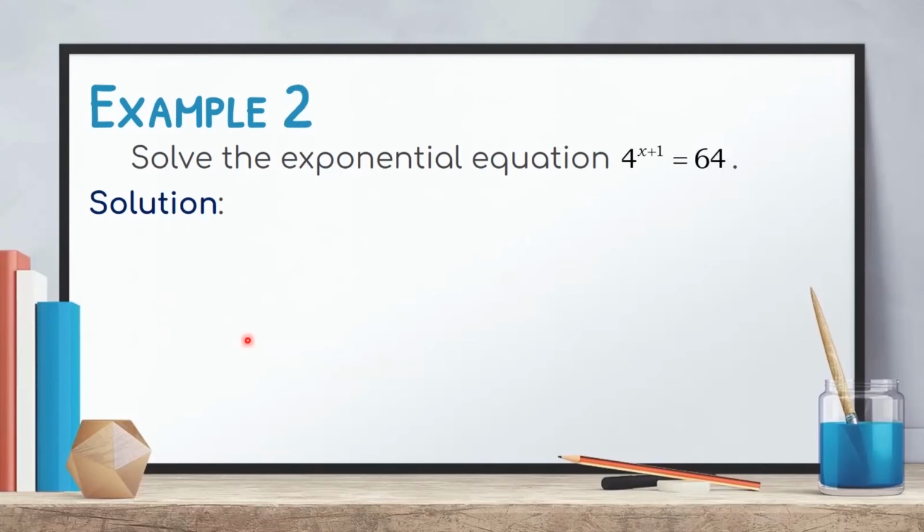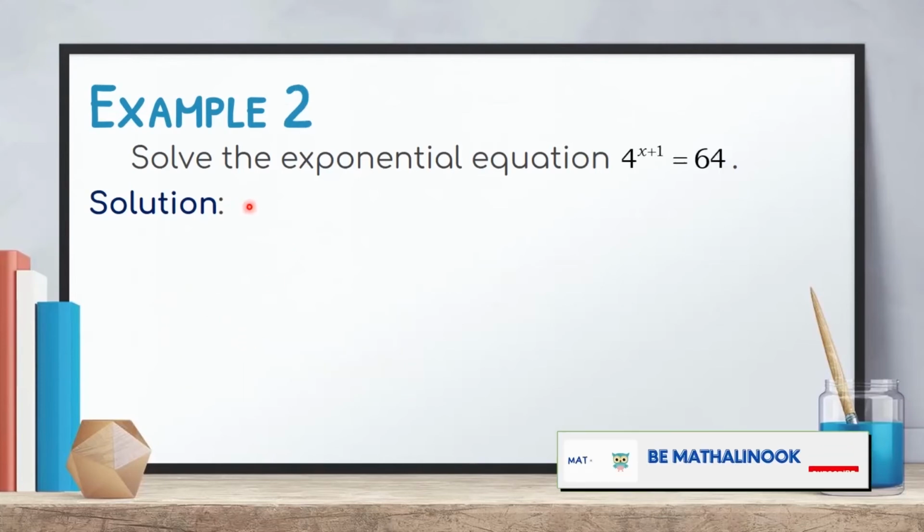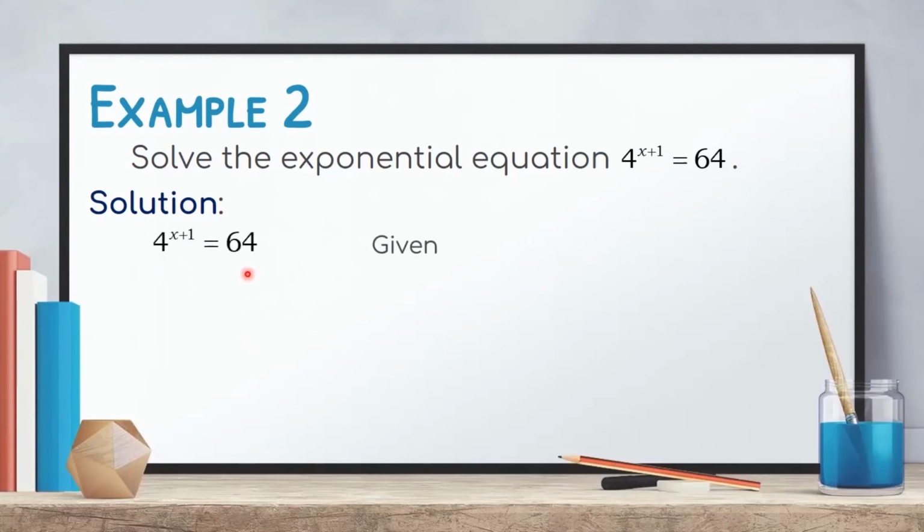Let us take another example. Solve the exponential equation 4 raised to x plus 1 equals 64. Again, from the given, notice that the bases are not equal. We have here 4 and we have here 64. Recalling exponents and bases, remember that 64 can be written with base 4.